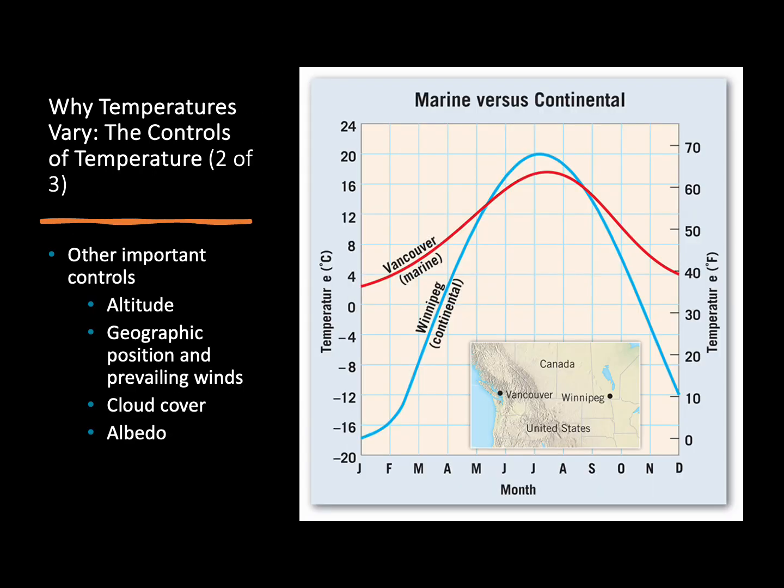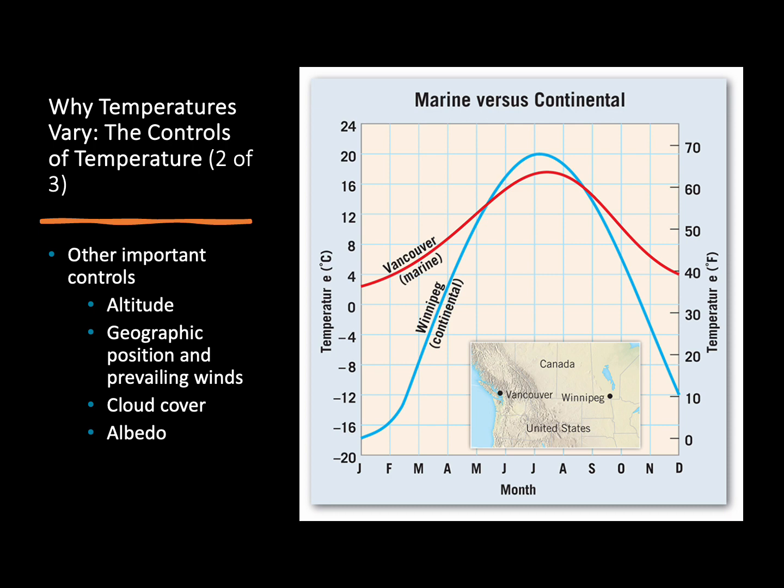If we're looking at two different areas, one is on a coastal area and one is near the center of a continent, we're going to see that the water is going to control the temperature in that area. If we look at this graph, we're seeing temperature in Vancouver and Winnipeg, 2 cities in Canada. Vancouver is found along the coast. Winnipeg is found in the middle of the country.